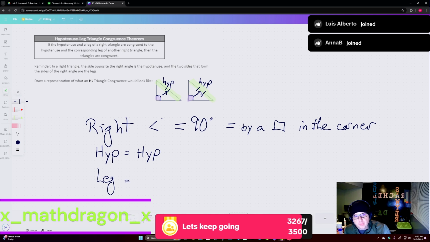And then after we do that, then all we need to know is a leg and a leg. That a leg equals, or we can put congruent to, another leg. Okay? If we can do that, we can prove that these two triangles are congruent. Okay? So this is called the hypotenuse leg congruence.